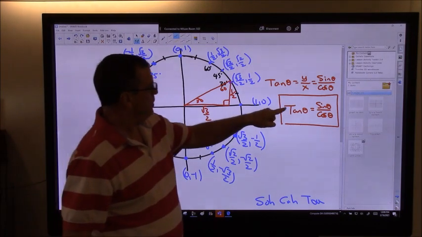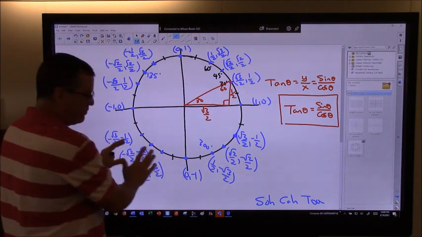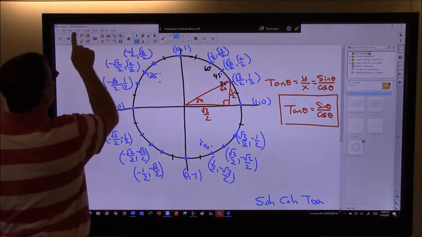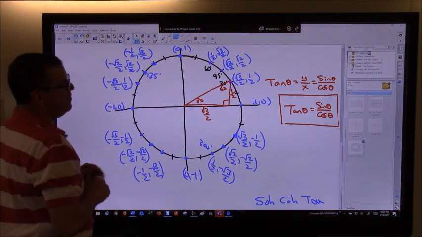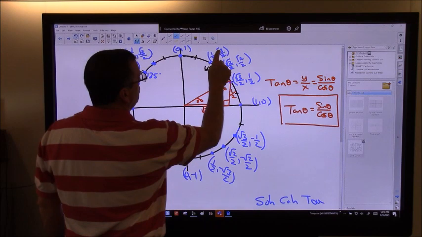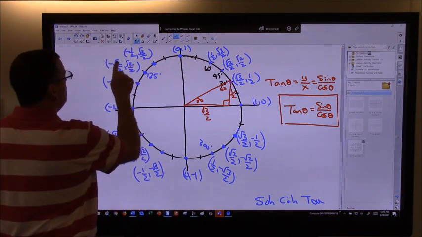So now when I look at that, I've already got all these numbers written down, so I know sines and cosines of all of these different angles, okay? If I want to find a tangent, all I have to do is just do the sine divided by the cosine. Sine divided by cosine.